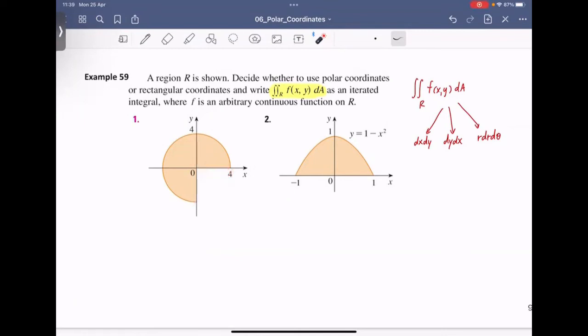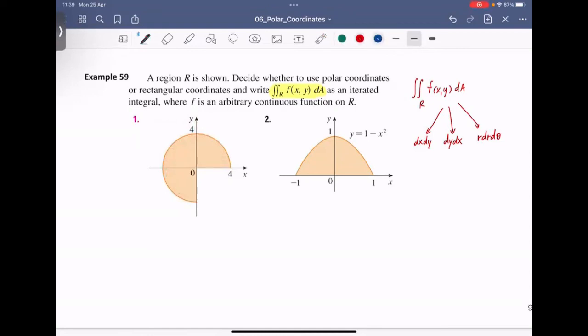I'm going to use polar coordinates here, because if I want to cut the area here, I can do this, and it's going to be a lot easier for me. So I get all the area here. I don't have to do the vertical line, which I don't like because I have to split it into 2 regions, or the horizontal line, because I have to split it into regions.